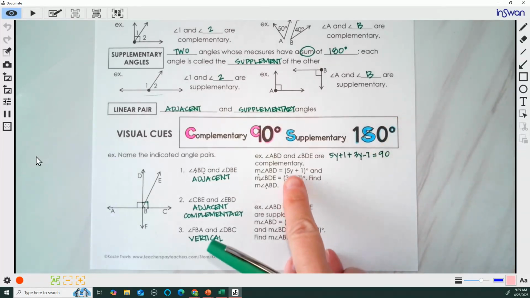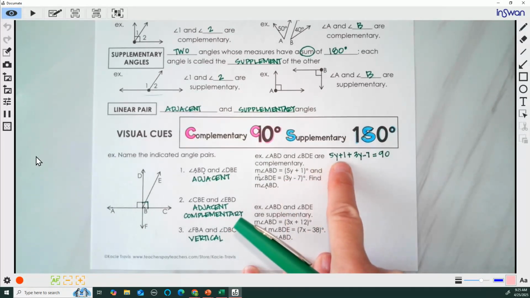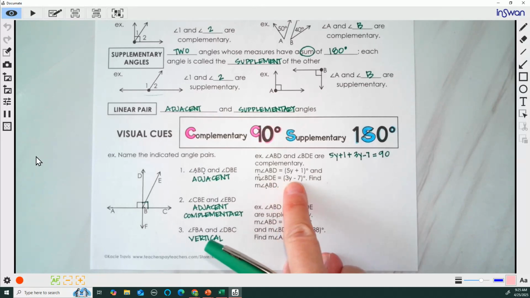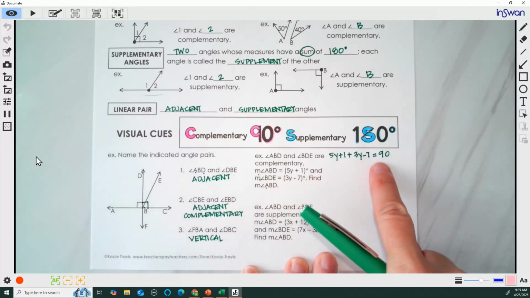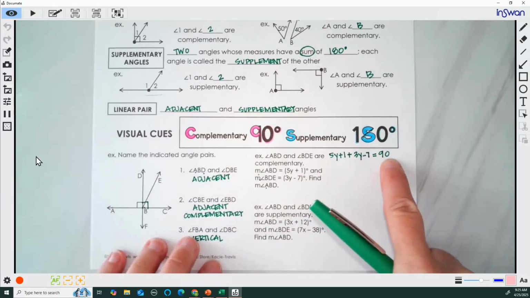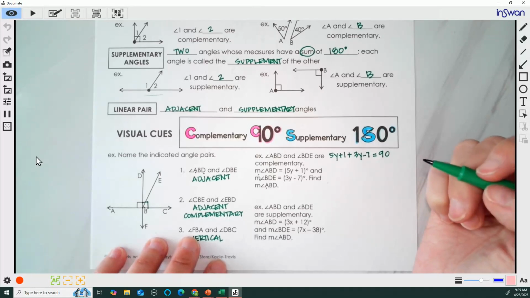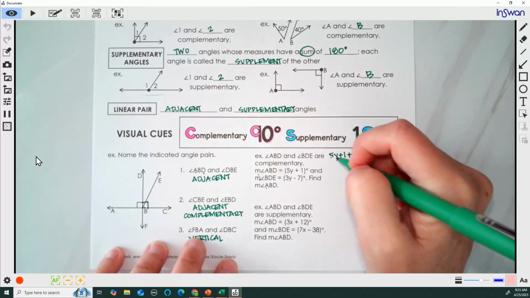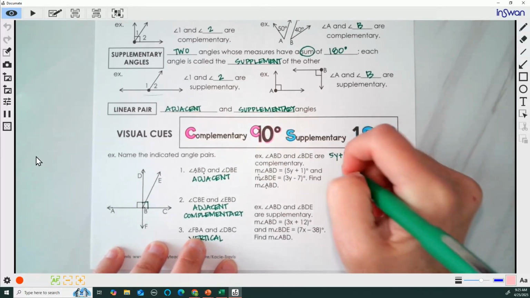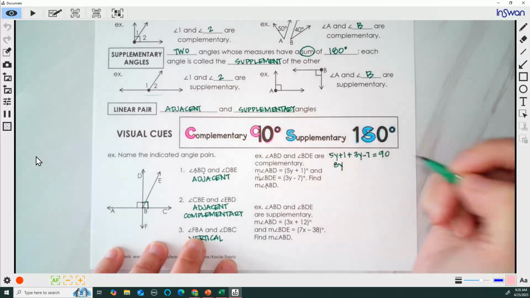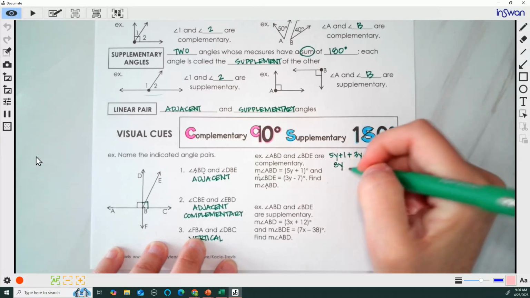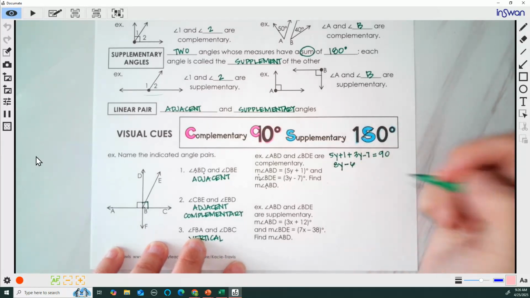So I've taken the measure of angle ABD and added it to the measure of angle BDE and set them equal to 90 degrees because I know that they are complementary. Then I can simplify and solve this equation. 5y plus 3y is 8y. 1 minus 7 is negative 6.